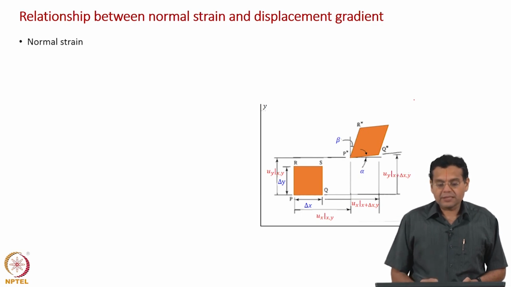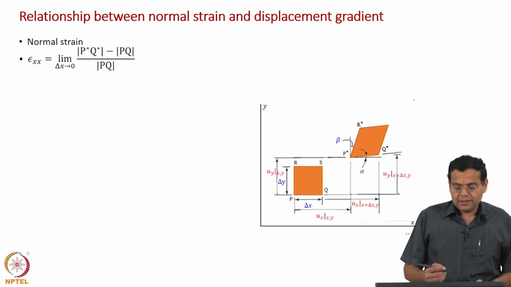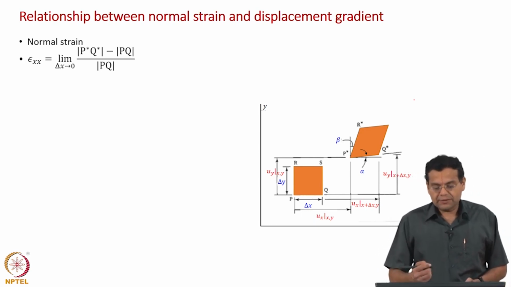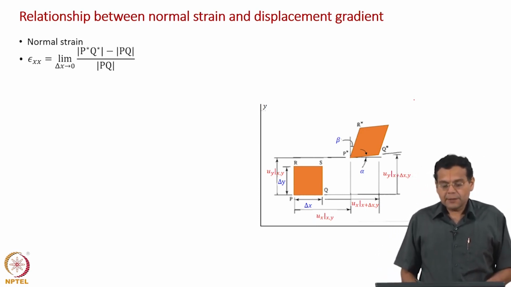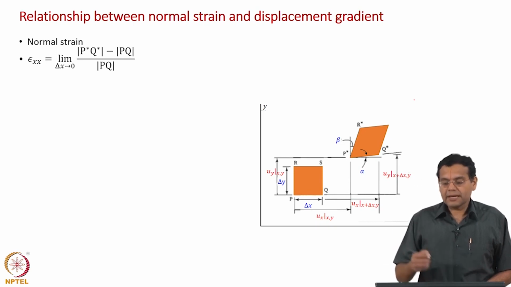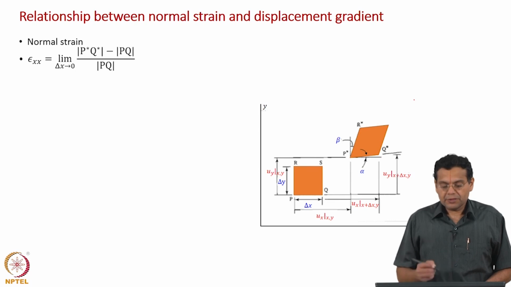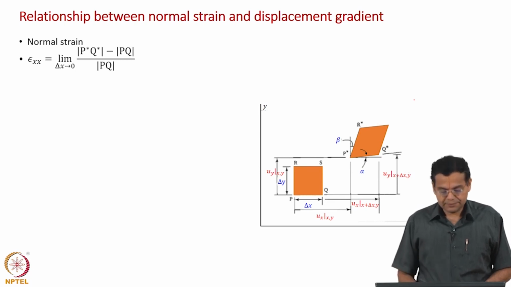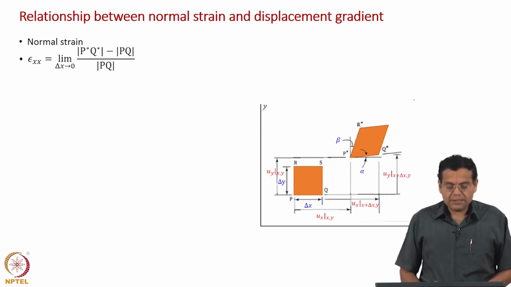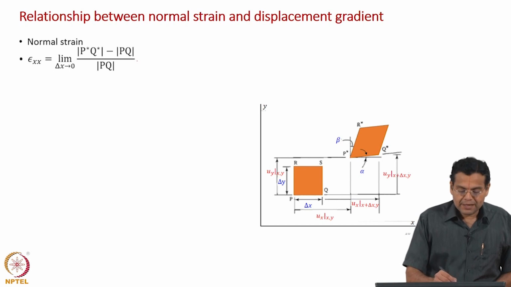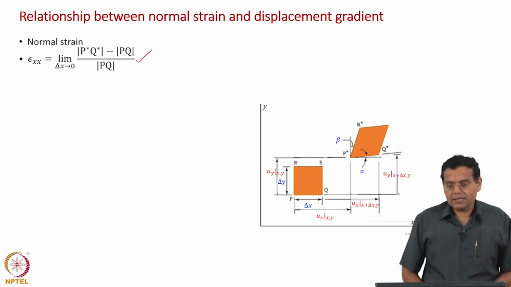And we derived the relationship between normal strain and displacement gradient. So let us quickly recall that, so that we can easily understand the relationship between normal strain rate and velocity gradient, which we are going to derive in the next slide. Okay. Normal strain is defined as change in length by original length.